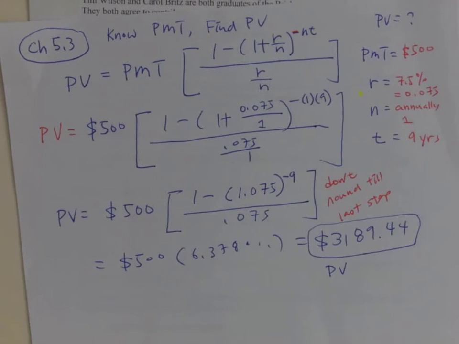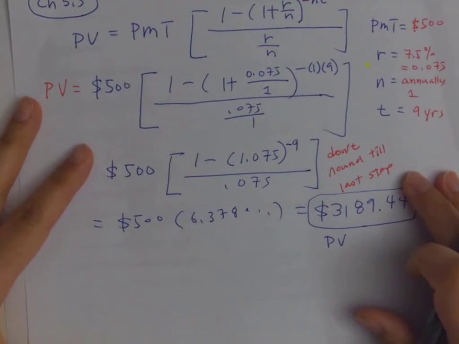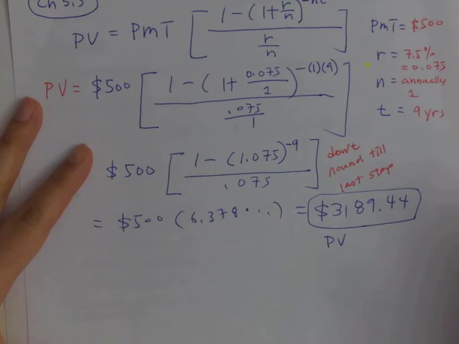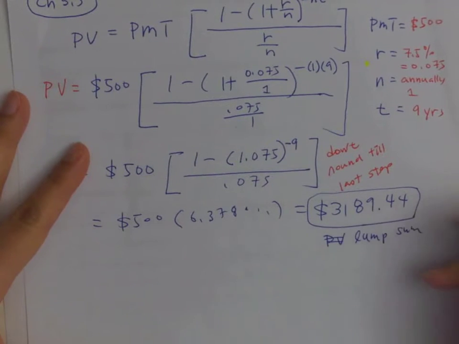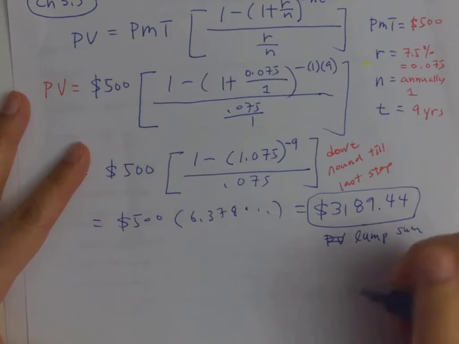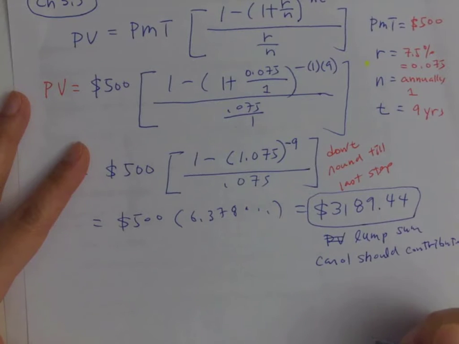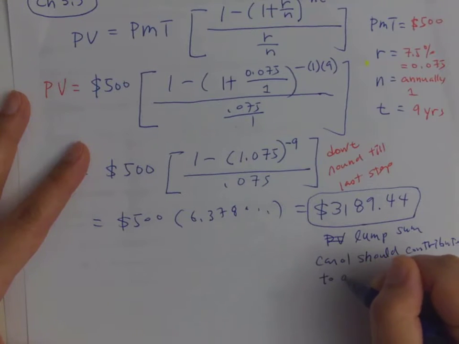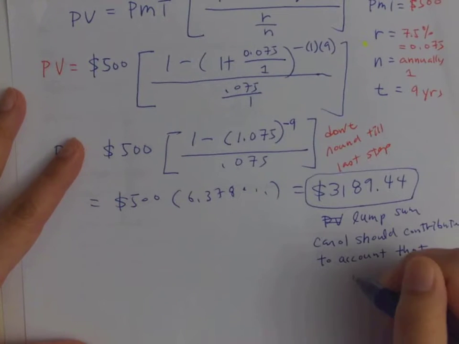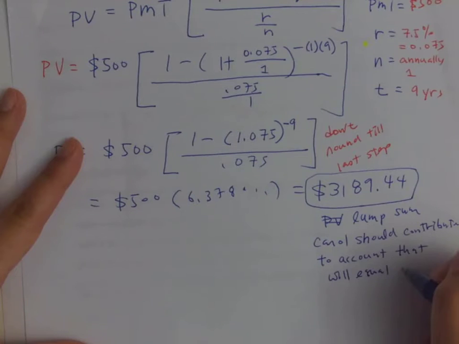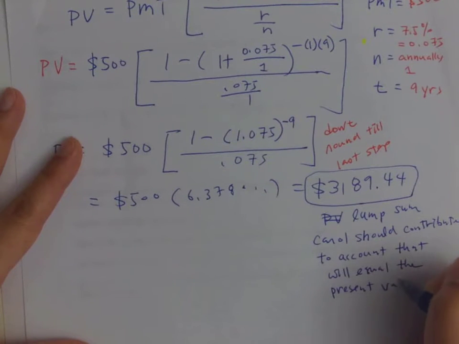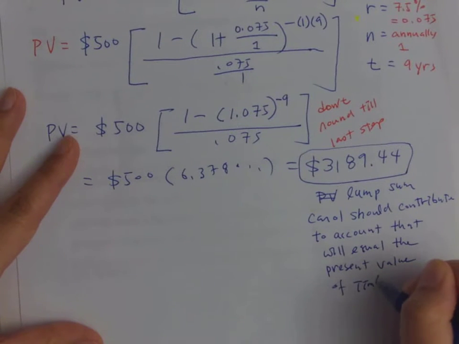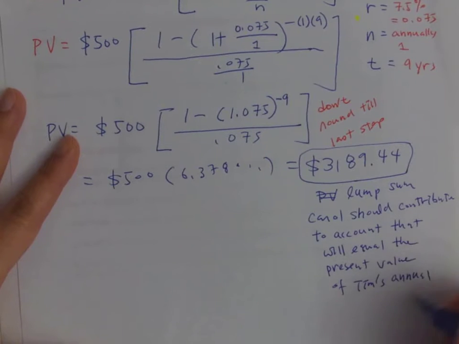So that would be my present value. That is the lump sum Carol should contribute to the account that will equal the present value of Tim's annual gift.